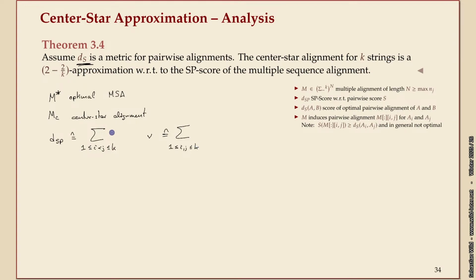So here, what do I want? It's the score of the multiple alignment zoomed into I and J.